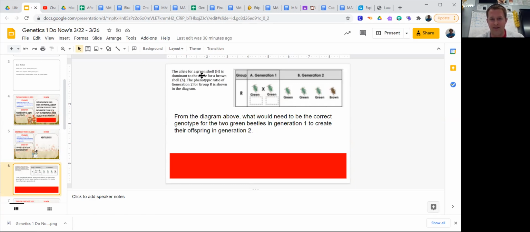So up here it talks about green is dominant, so it's a capital H, and brown is a lowercase h. So both parents would have to be heterozygous. That would be a hybrid, or a capital H, lowercase h, because one of them had the recessive gene, and they're showing the recessive gene. So they got the recessive gene from one parent and the other from the other parent.